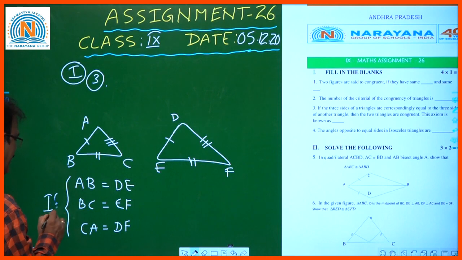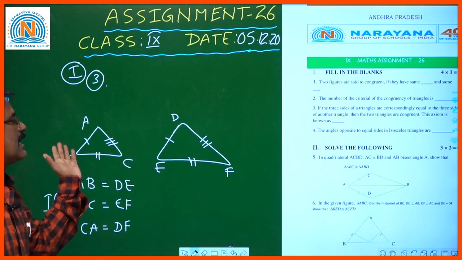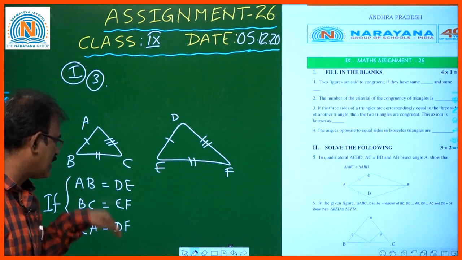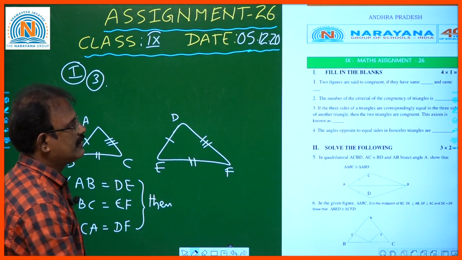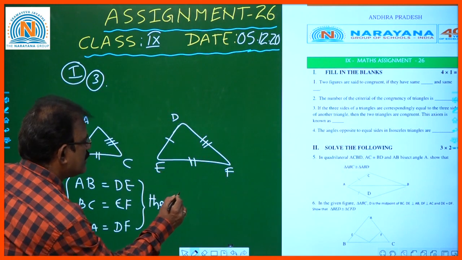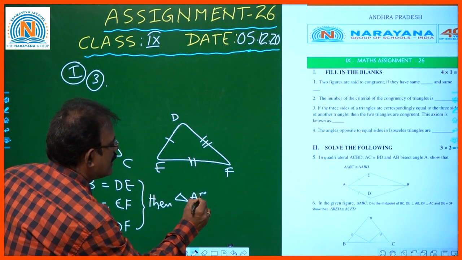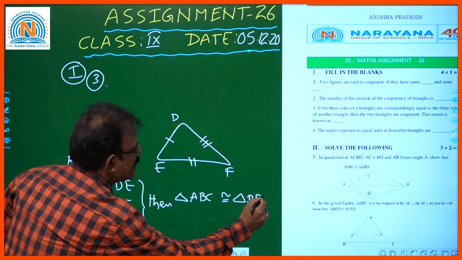If so, then what do you say? Then the two triangles are congruent. Then triangle ABC is congruent to triangle DEF.